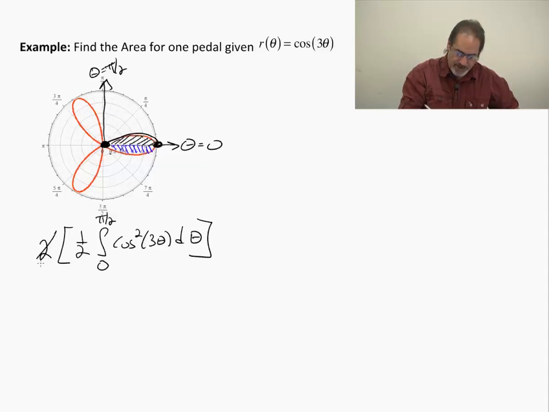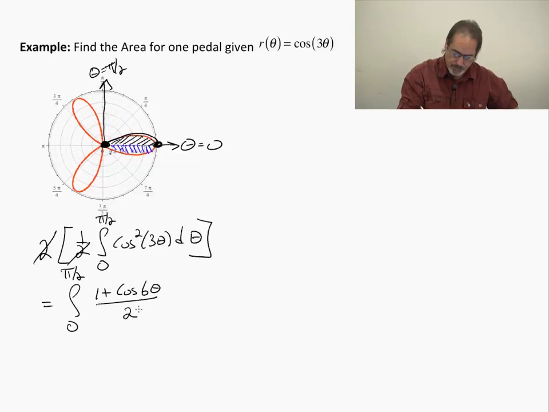Well, obviously my 2's are going to cancel, so this could be equal to the integral from 0 to pi over 2 of cosine squared of 3 theta. I'm going to rewrite that. That's going to be 1 plus cosine of 6 theta over 2 d theta, which I'm going to rewrite one more time. I'm going to pull out this 1/2. So this is going to be 1/2 times the integral from 0 to pi over 2 of 1 plus cosine of 6 theta d theta.